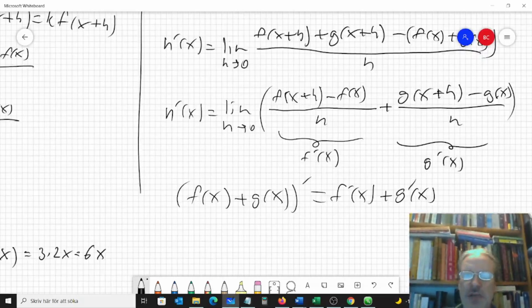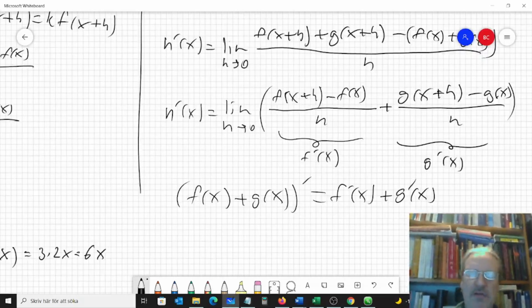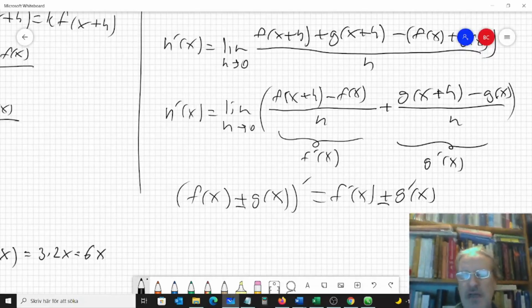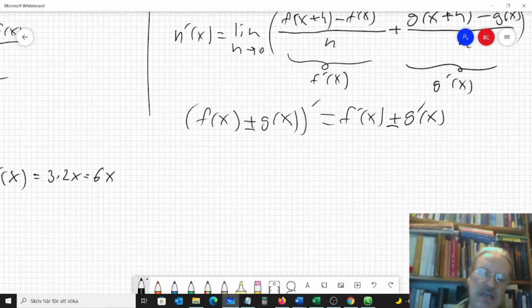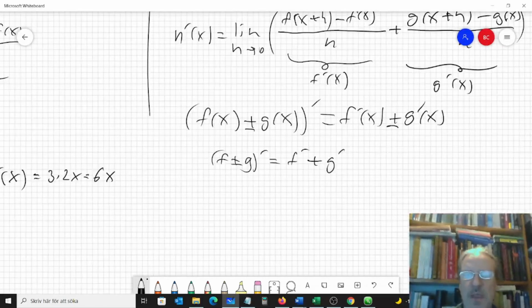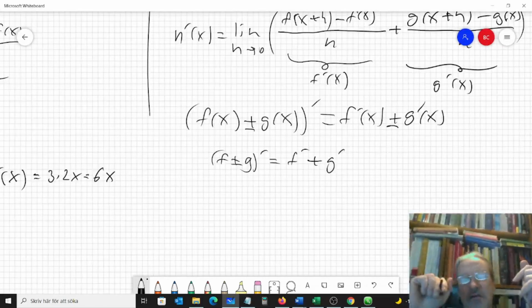And if we try to have a minus inside there, do the same thing but one function minus the other. If you try that, you will find that we can just have the rule written like this. Quite often you can see the rule written like this, that the derivative of f plus minus g equals the derivative of f plus minus the derivative of g without any bracket x on it.